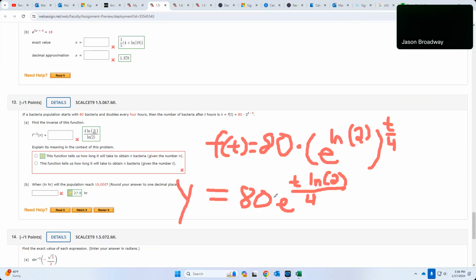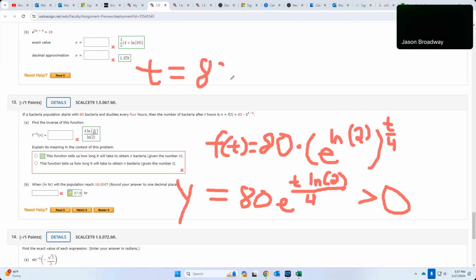If I do that, it's going to get a little ugly, but I'm going to notice that y is greater than 0. So the same thing is going to be true of t.